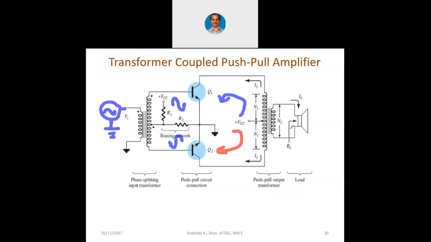Otherwise, for the load there is no static power consumption at all because it is transformer coupled. In this manner efficiency can be increased. You have a phase splitting input transformer here, then you have a push-pull circuit connection, then you have a push-pull output transformer, finally you have the loudspeaker as the load. This is the transformer coupled push-pull amplifier.